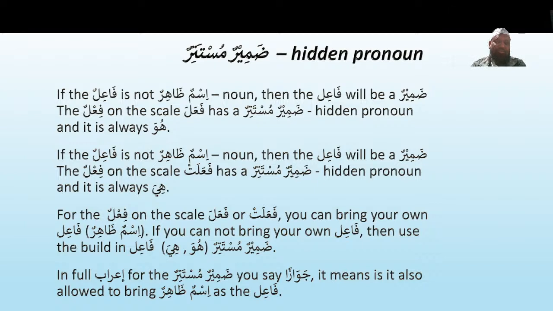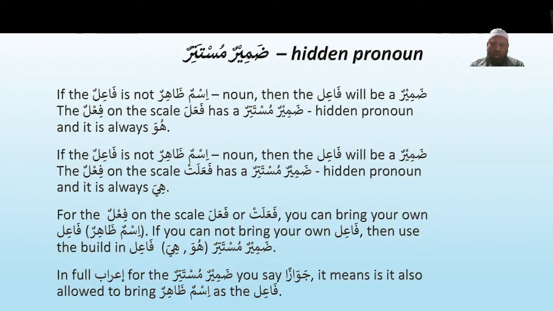So when it is ism zahir, we don't need to say jawazan, because ism zahir is the original fa'il. When it comes to damir as the fa'il, we just remind ourselves the original fa'il was ism zahir, but because ism zahir is not mentioned, it is the damir.